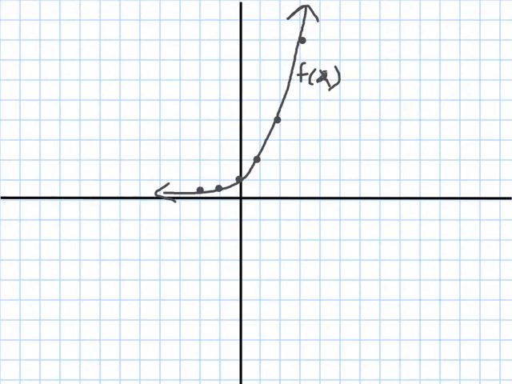The next function I'm going to do in red. It's going to be my g of x. So be careful with your g of x because it is a little tricky.